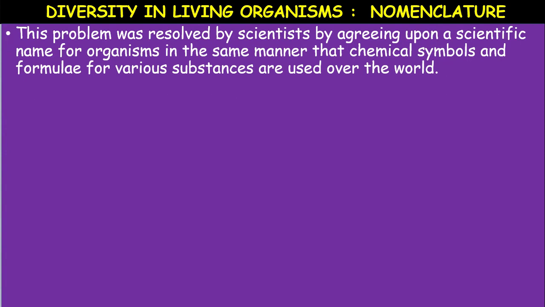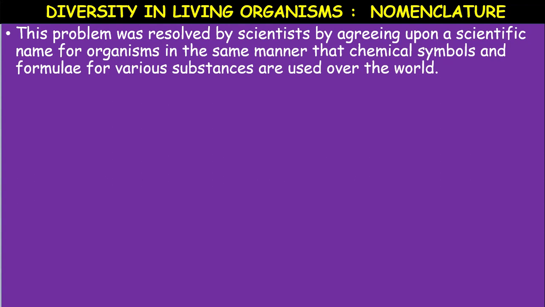Okay, naming and grouping of organisms is called classification. It is taxonomy, the science of classification. Okay, Carolus Linnaeus is the father of taxonomy. This problem of confusion was resolved by scientists by agreeing upon a scientific name for organisms, in the same manner that chemical symbols and formulae for various substances are used all over the world.